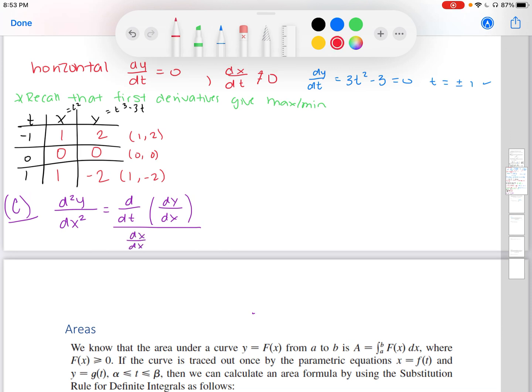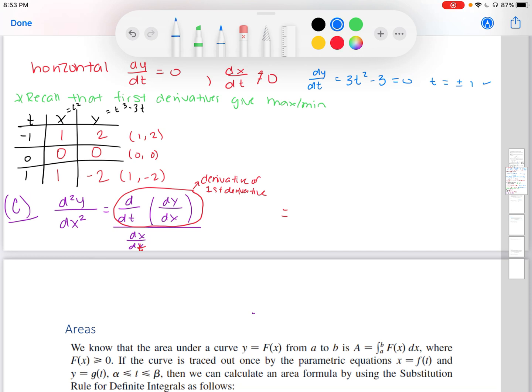So this is just the derivative of our first derivative. And right here is just our derivative from our equation x.